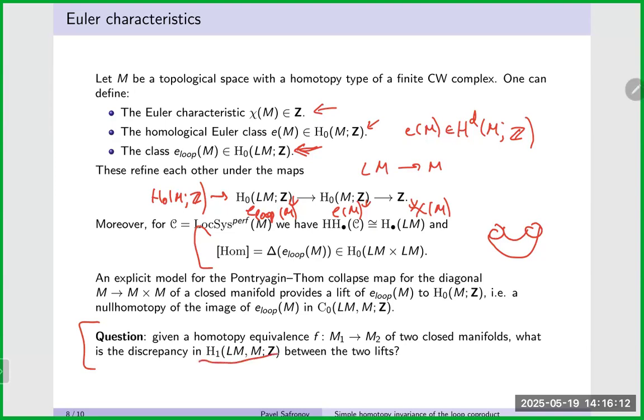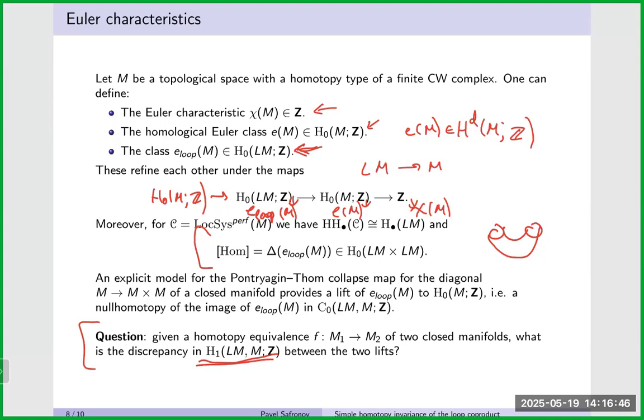And so you get some discrepancy because you have two null homotopies in chains. You have some discrepancy in the first homology of the free loop space, rel constant loops. So out of a homotopy equivalence, you get this class in the first homology. And basically, you want to know what that class is. And so that's the core computation, sort of trying to understand what that class is for a homotopy equivalence.